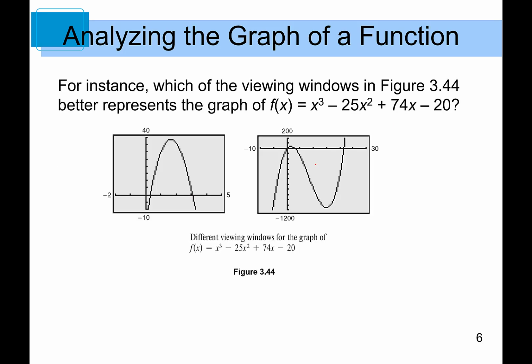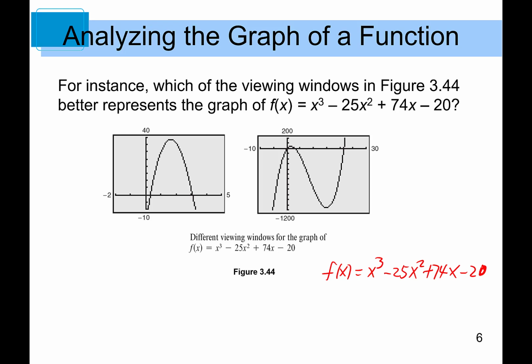Let's take a look at this example, right? For example, this function is f of x equals x cubed minus 25x squared plus 74x minus 20, and this is a third degree polynomial function, right?